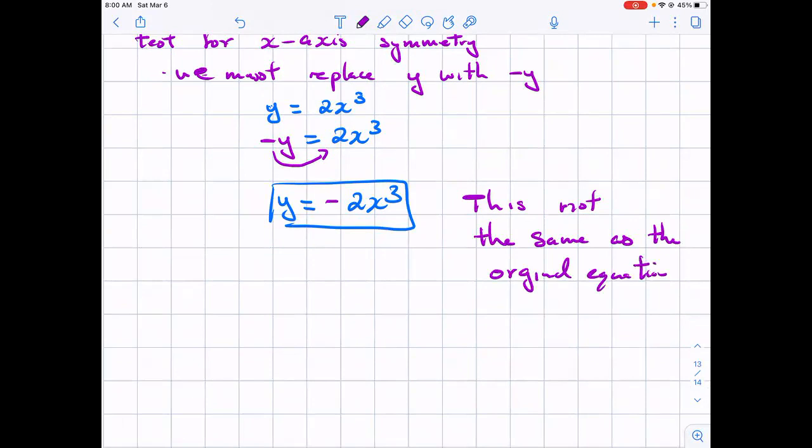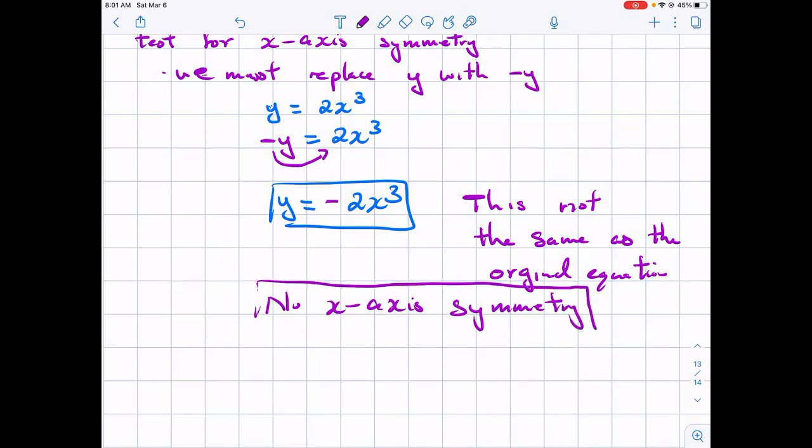Okay? Therefore, we have no x-axis symmetry. For symmetry to exist, we must get exactly the same.